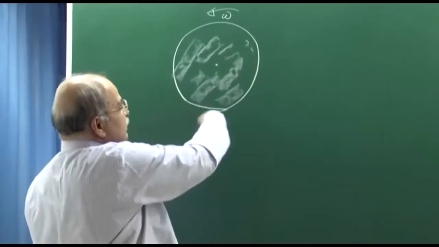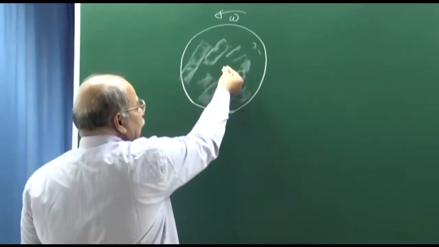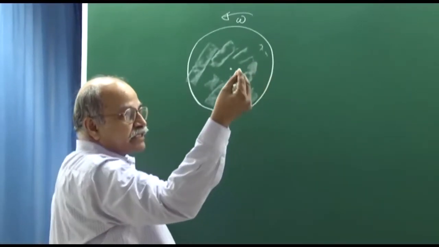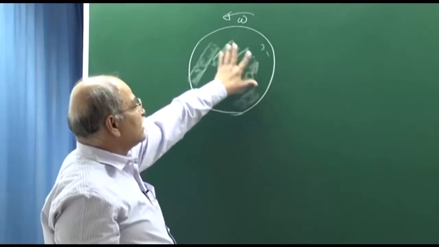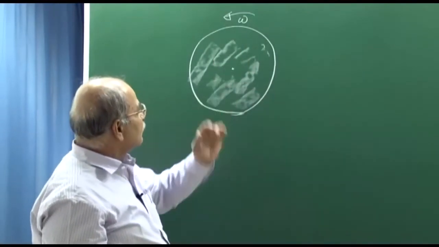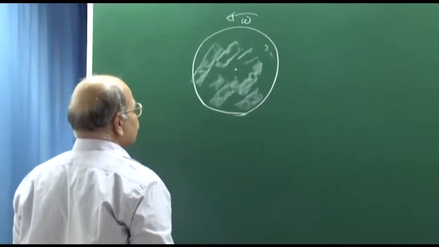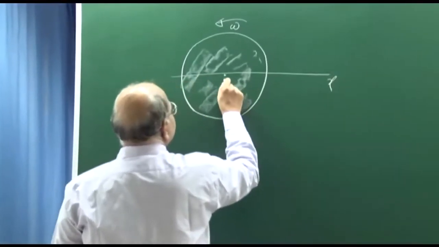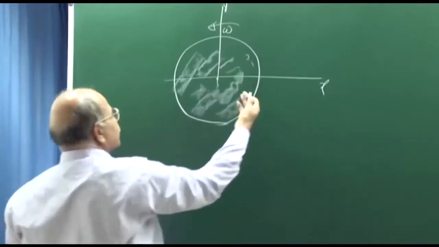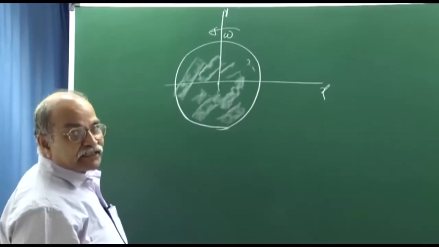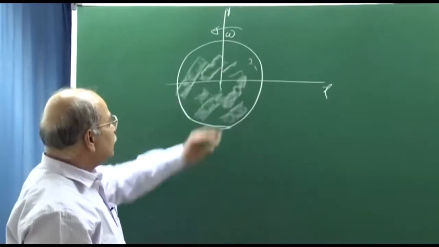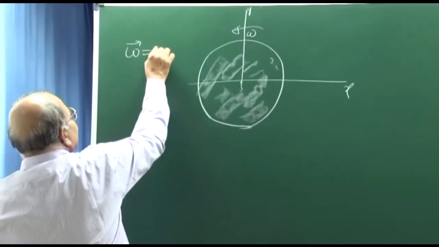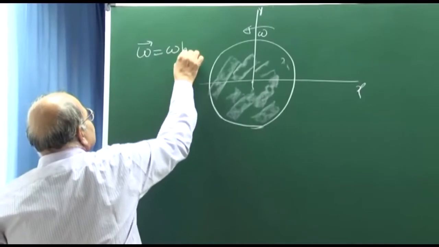If it is going anti-clockwise, this angular velocity vector is coming towards us perpendicular to this plane. You can take this as x axis, then this as y axis, z axis is away from this plane. So, omega vector is omega in k cap direction.